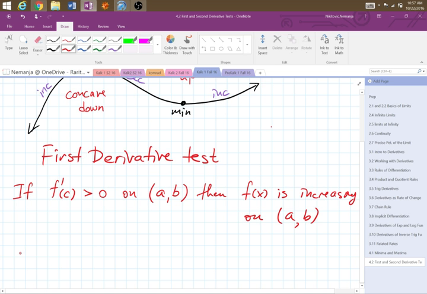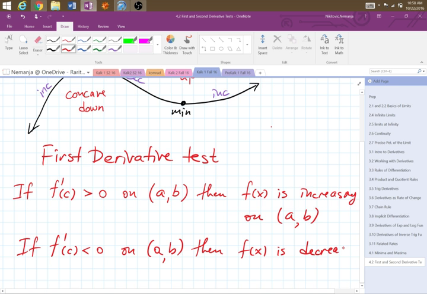The second part says if the first derivative computed at C is less than 0 on the interval AB, then f of x is decreasing on AB.